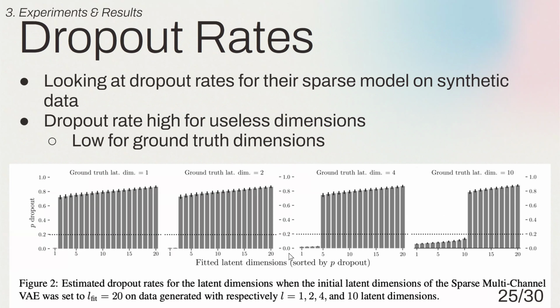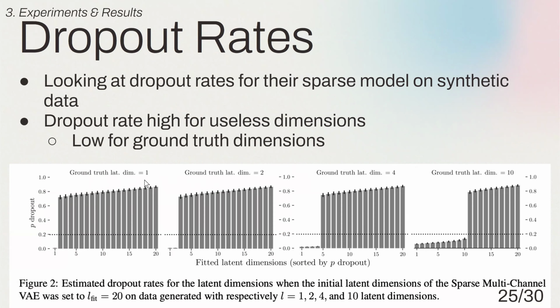And here's what they were looking at for how to decide, in the beginning, what to choose for the dimension of the latent space. They played with that latent dimension for their synthetic data. What this plot shows is the ground truth latent dimension.